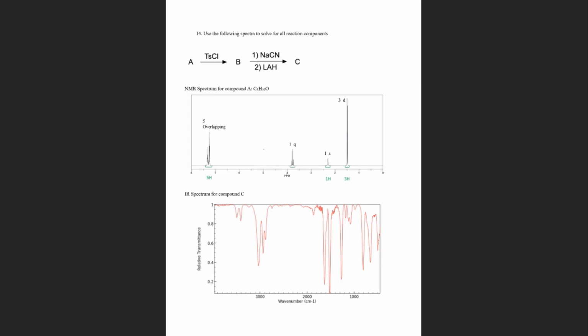We first need to solve for A. A has a formula of C8H10O. So if we do degrees of unsaturation, does anyone know how many that is? 4.